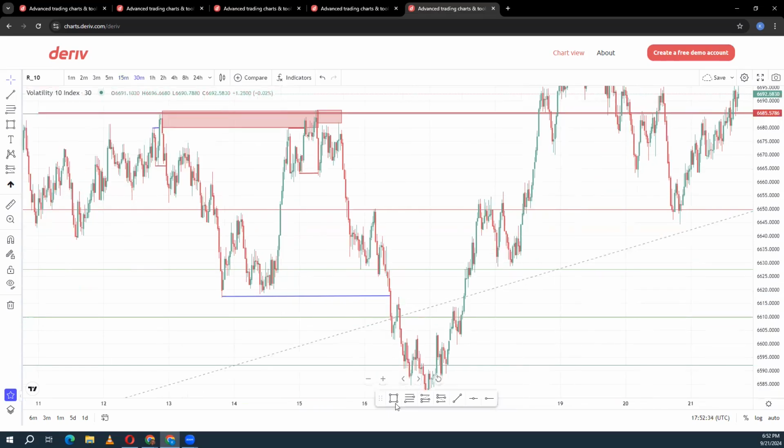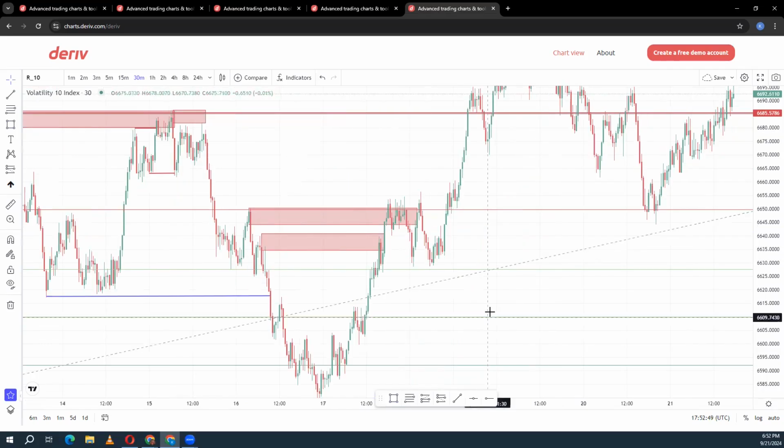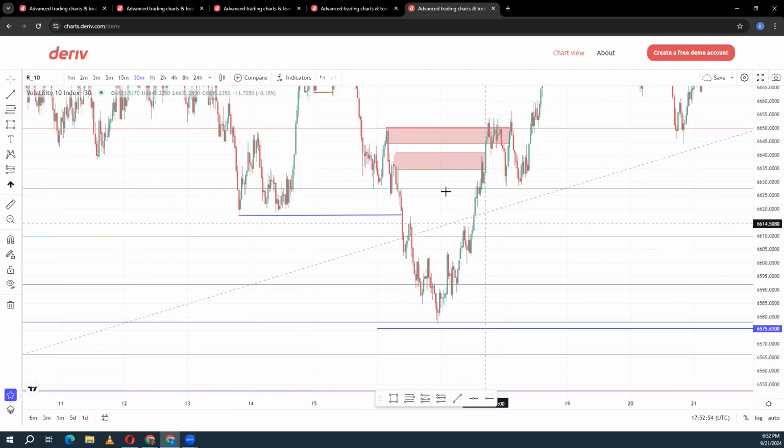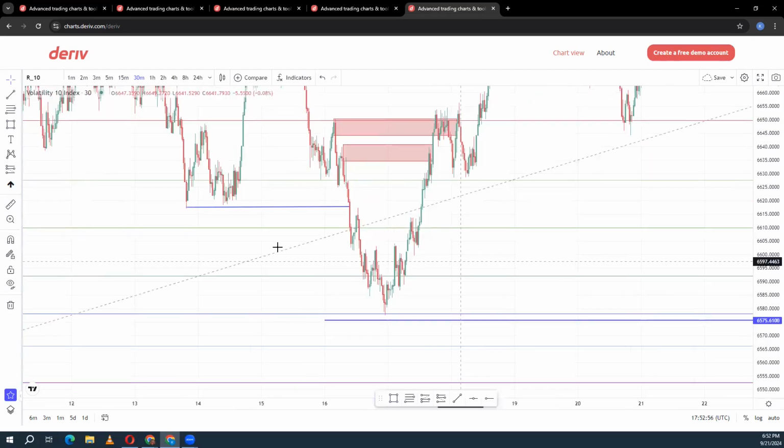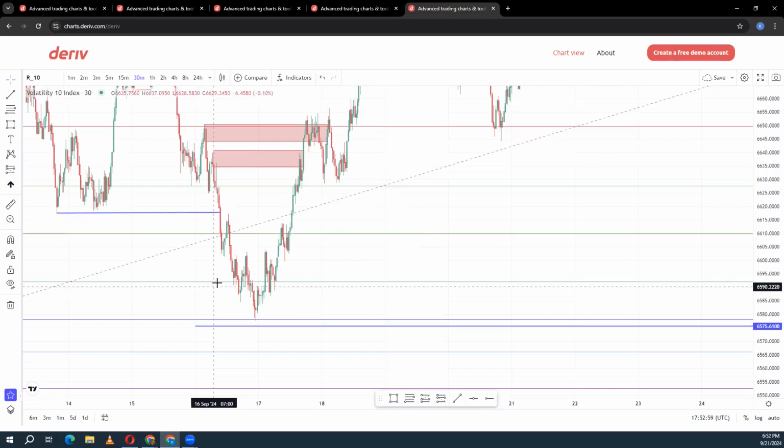We can say this is a supply zone, the last blue candle. We can say this indecisive candle, whatever you choose to say. But what did the market do with them? Took them all out because you were trying to sell after the market has entered the discounted area.